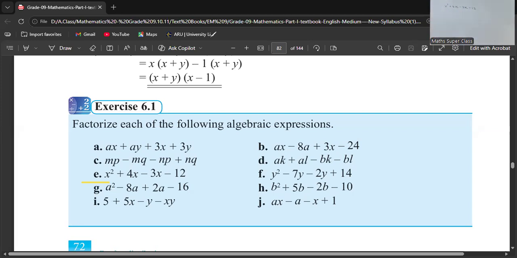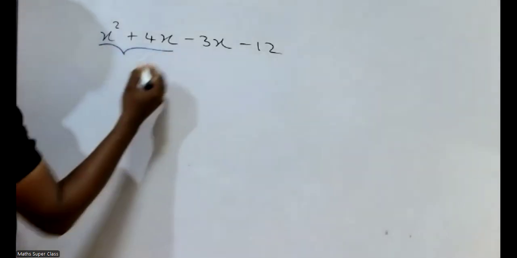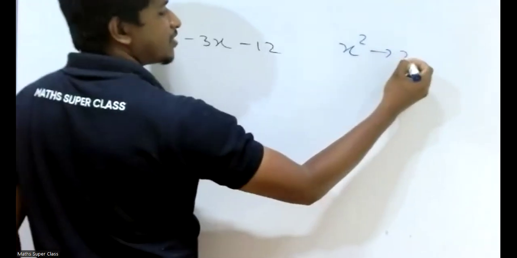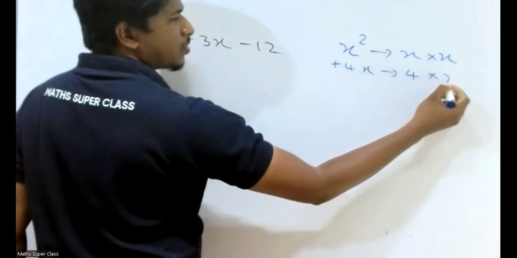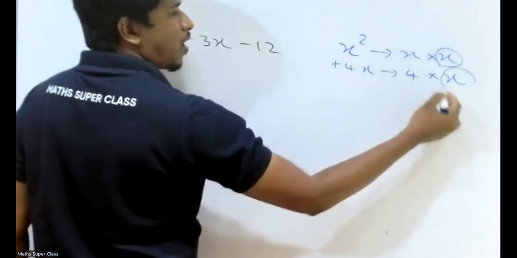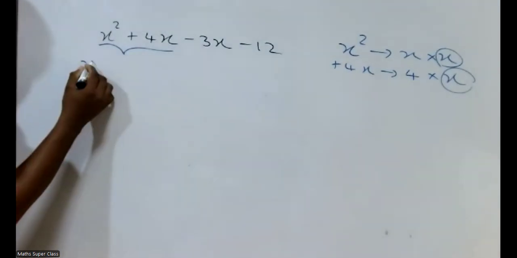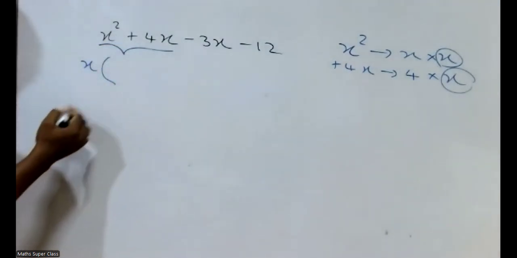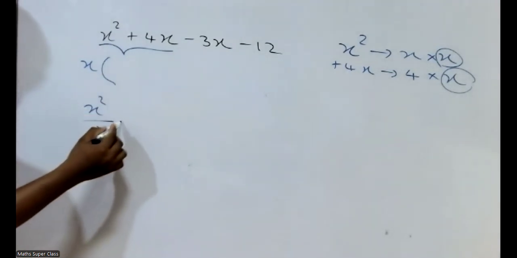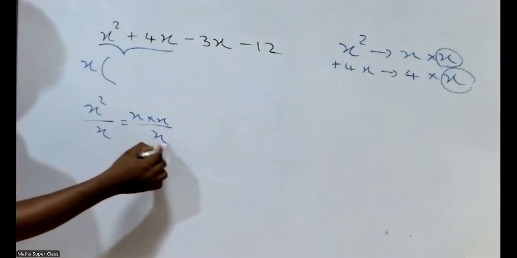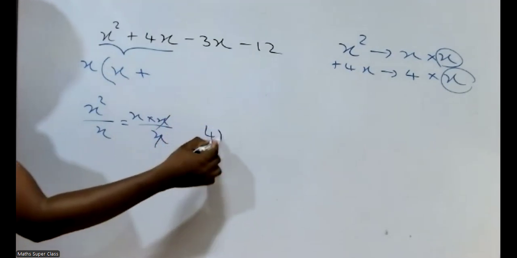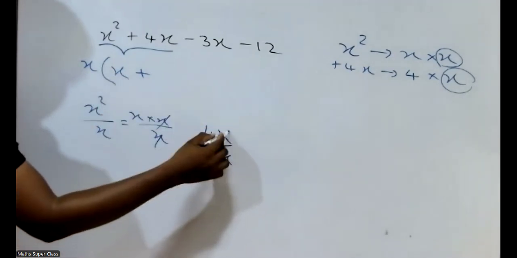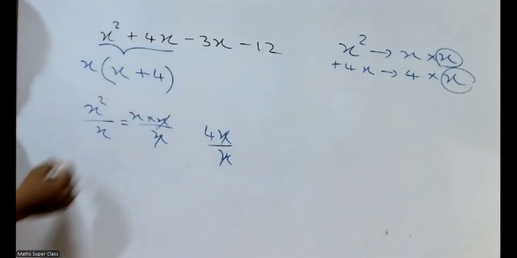Now here, just think about these two terms. X square means x into x, plus 4x means 4 into x. So x is the common factor. X square divided by x, that means x into x divided by x, the answer is x, plus 4x divided by x, the answer should be 4.